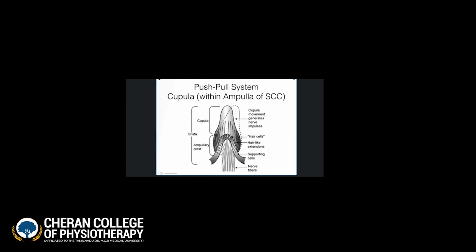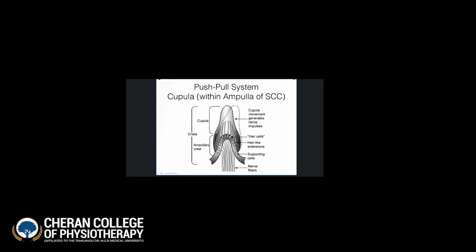And this is the second part, where the physiology is involved: how the push and pull system happens in the cupula, or within the ampulla of the semicircular canal, and how the crystals send the sensory information to the brain.